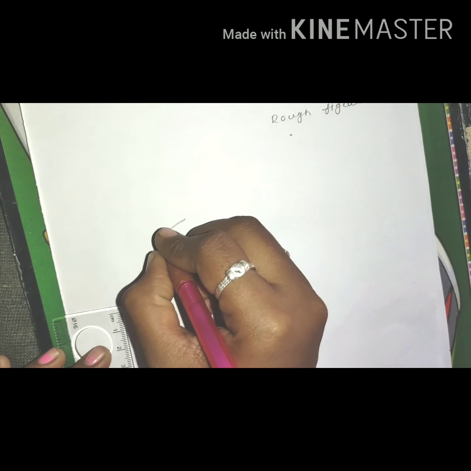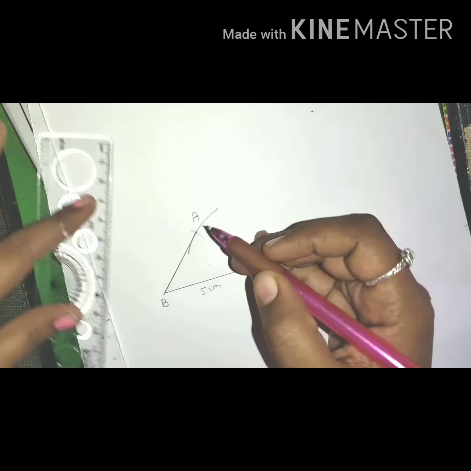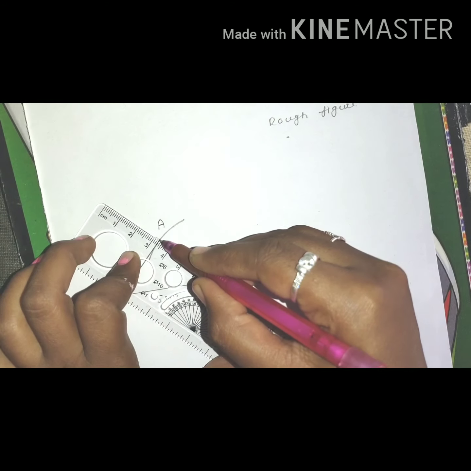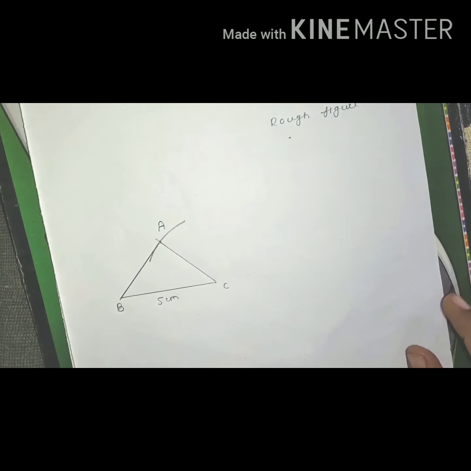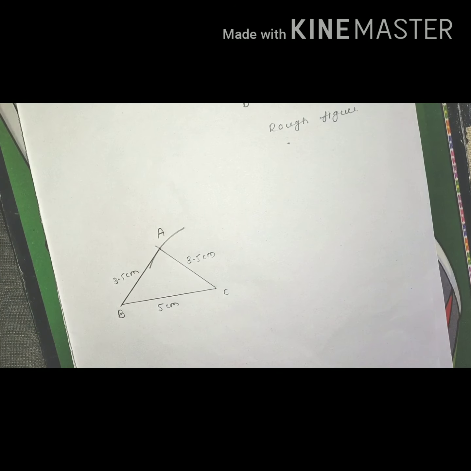That will be the vertex A. Then draw the segment AB and draw the segment AC. Write down the measurement 3.5 centimeter, 3.5 centimeter.